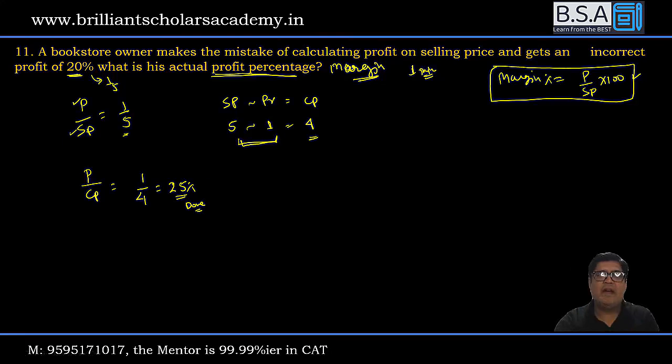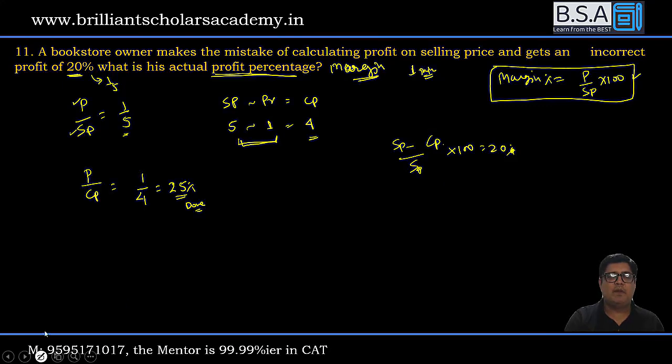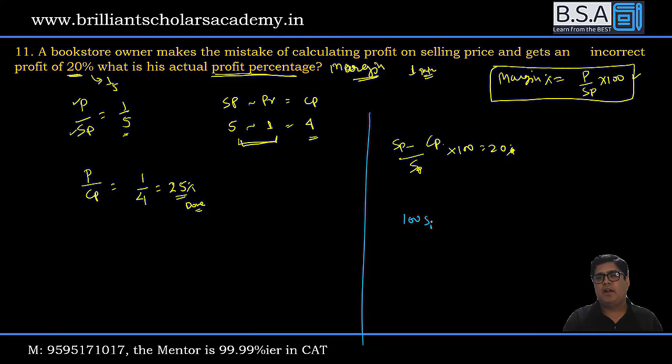You could have done something like this: (SP minus CP) upon SP into 100 is equal to 20%, and then take it forward. It's a slightly longer approach. So you cross multiply this. 100 SP minus 100 CP is equal to 20 SP.